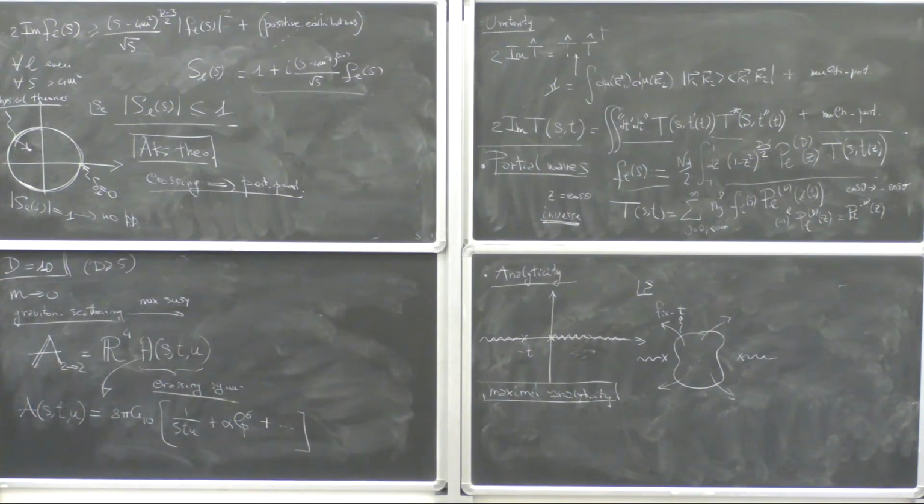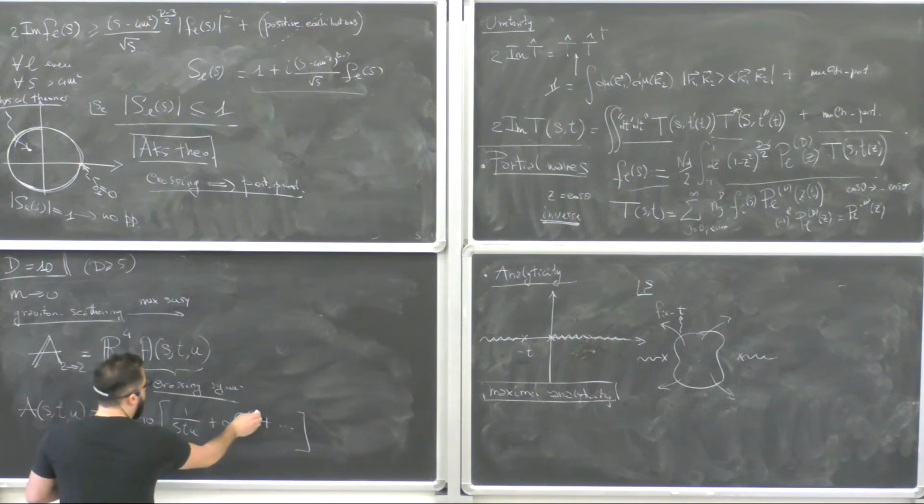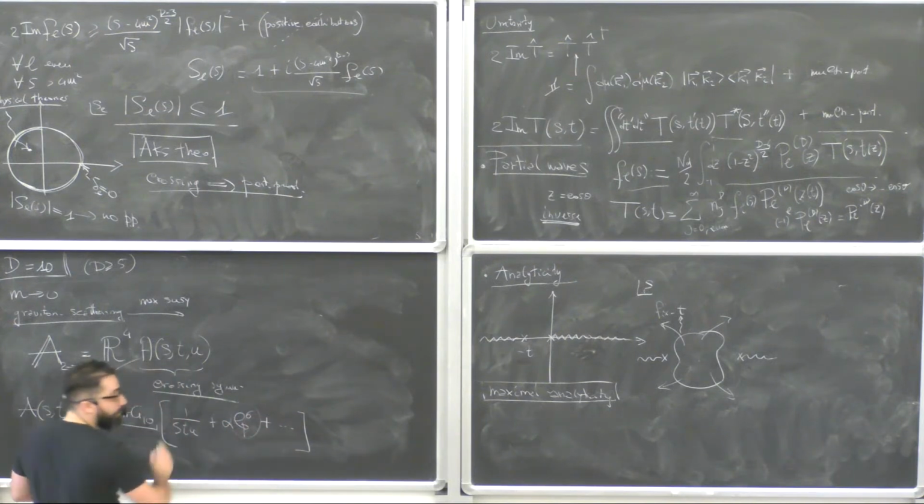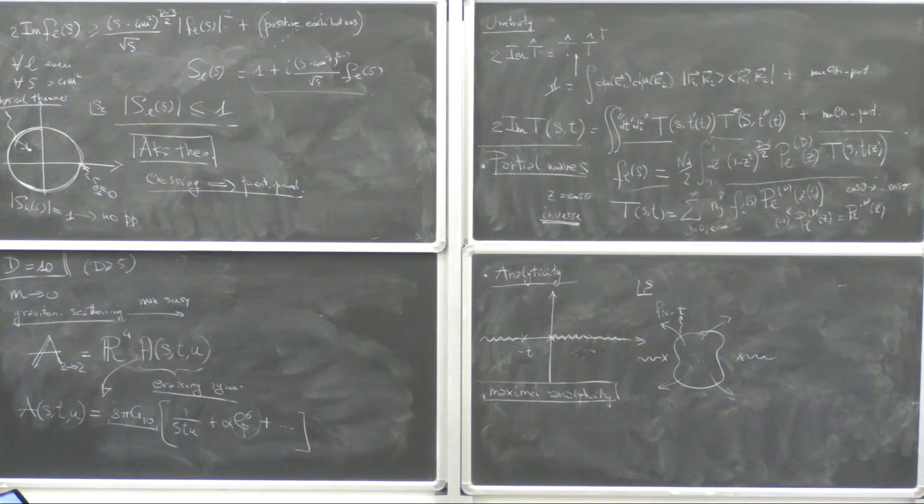Okay? So this is an assumption. This is just a constant, which is dimensionful. Planck is the mass scale that we have when we scatter gravitons and there is nothing else.